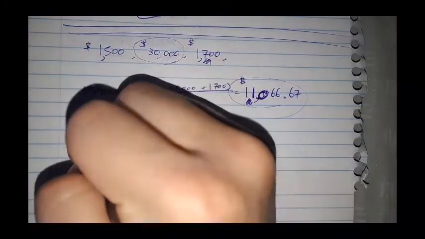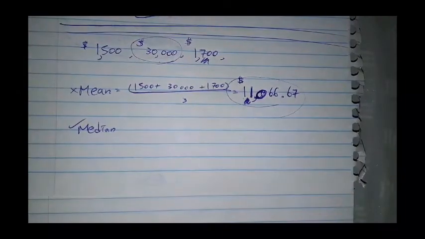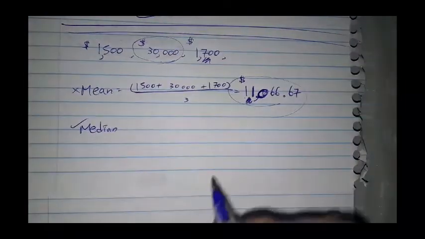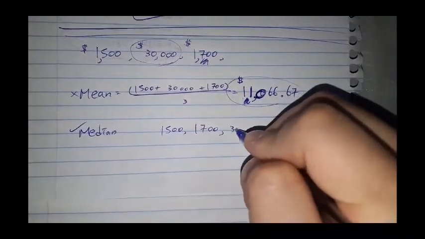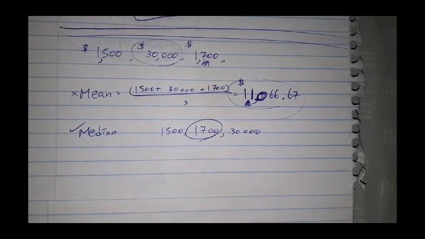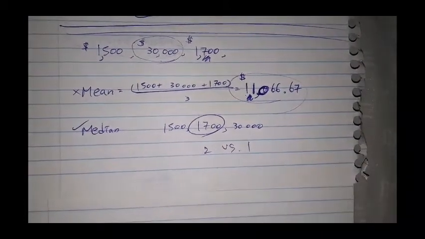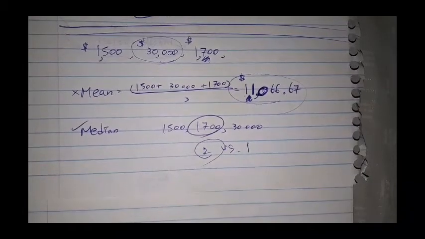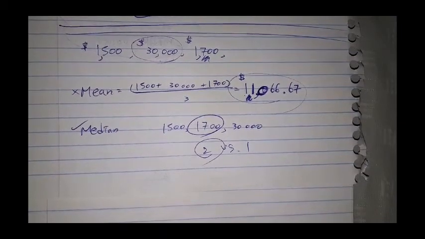So maybe in this case, median is better. Mean may not be a better choice because if I arrange it, 15,000, 17,000, 30,000, maybe that represents a better average because 2 citizens versus 1. And you are earning that 1,000, almost close to 2,000 still, but that may represent more people's average.